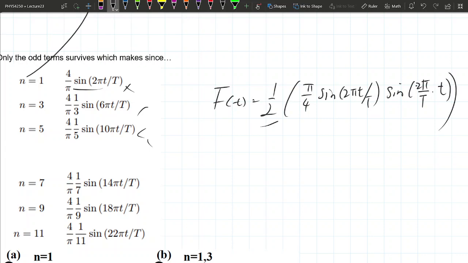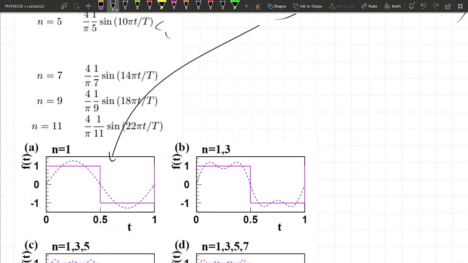If you plot that, what you end up with is this dashed line here. It's not that close to the, what's the function called? The purple one? Square wave, yeah, remember?